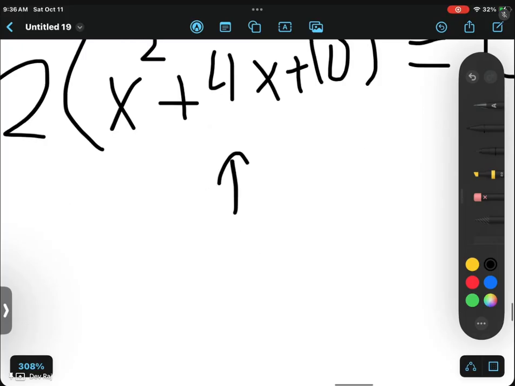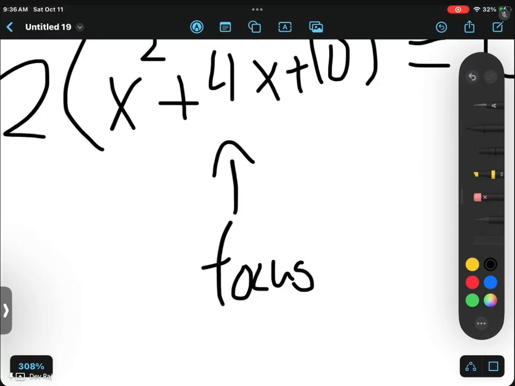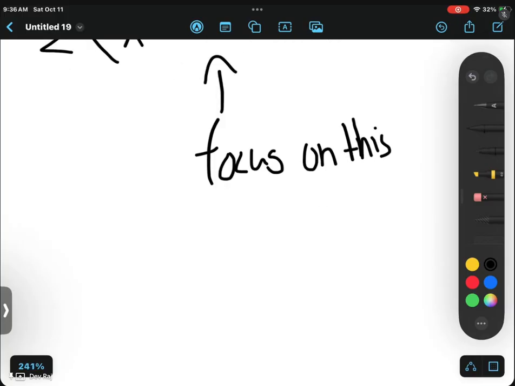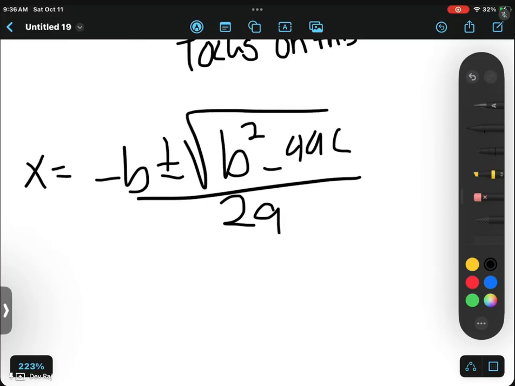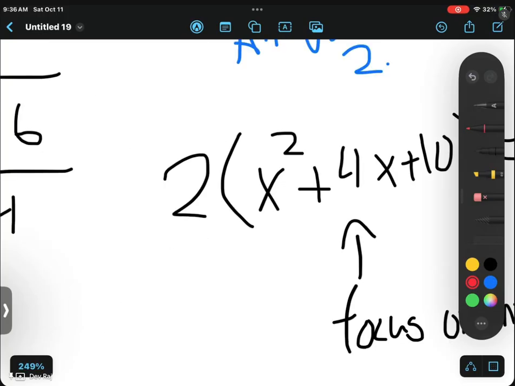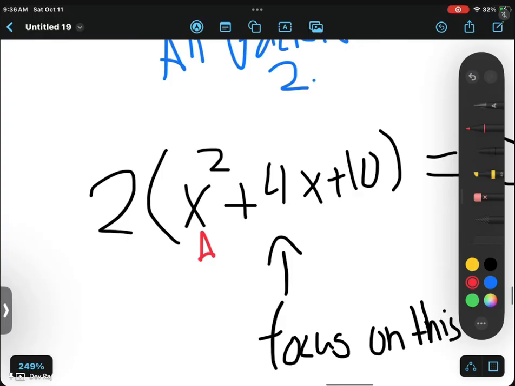Okay, so then let's focus on this. Let's try using the formula x equals negative b plus minus the square root of b squared minus 4ac, over 2a. When we do this, we get x equals, let's label our points. This is our a, this is our b, this is our c.